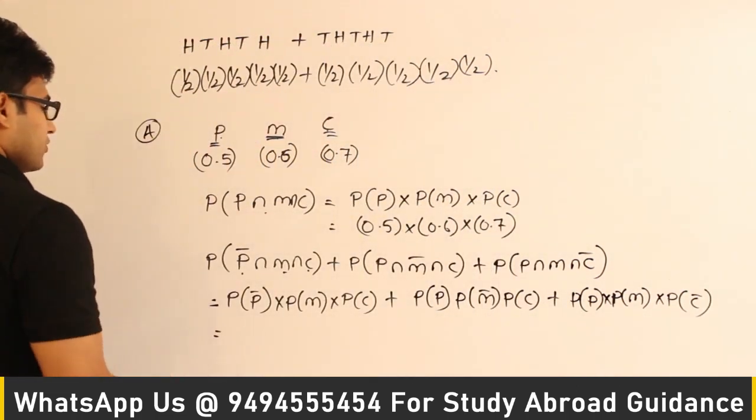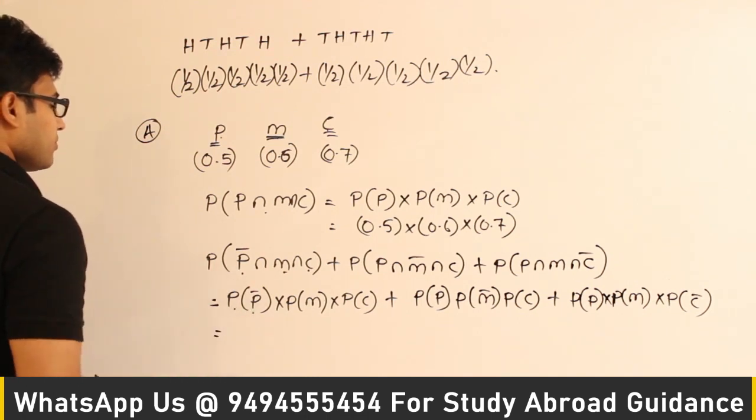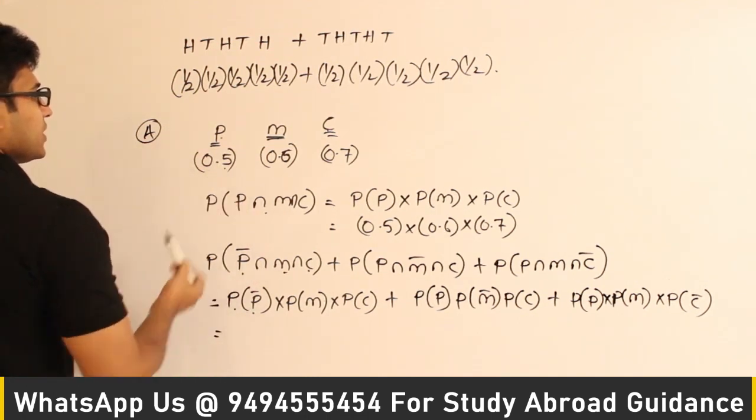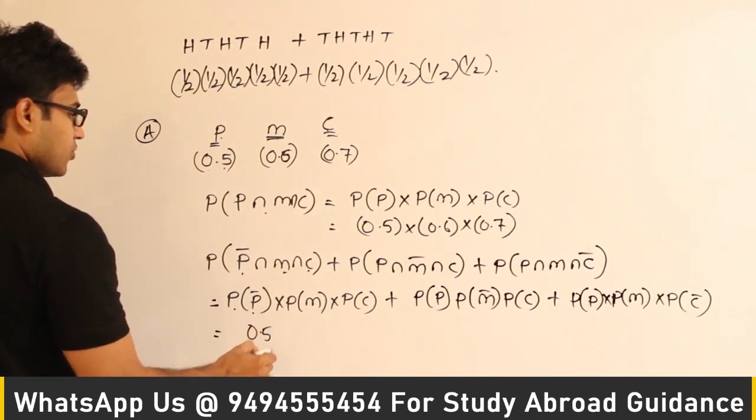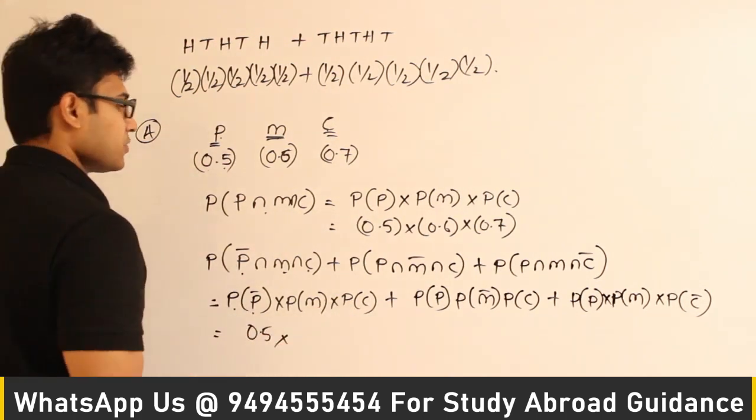And what can you say about it? What is P of P complement? If P of P is 0.5, it is going to be 1 minus 0.5, which means 0.5, and then you can substitute the other numbers.